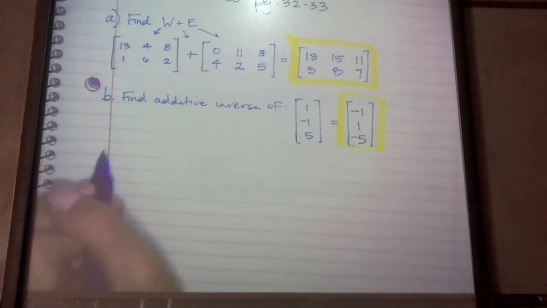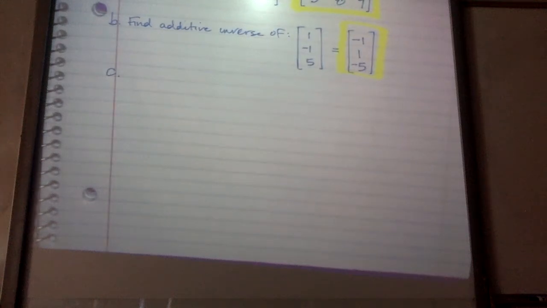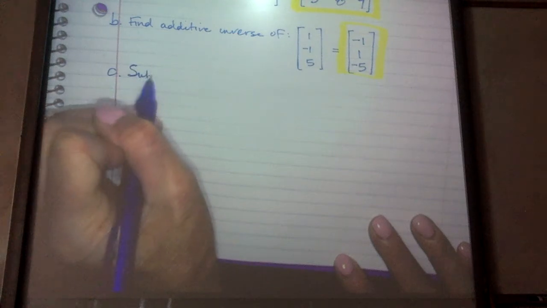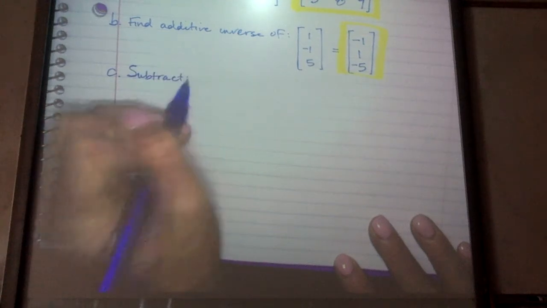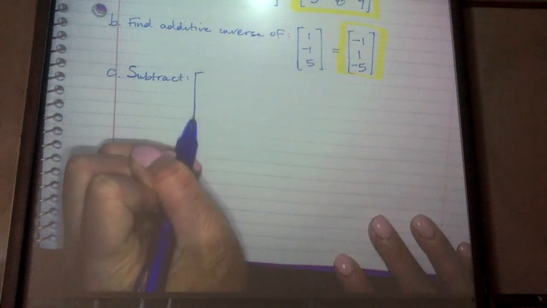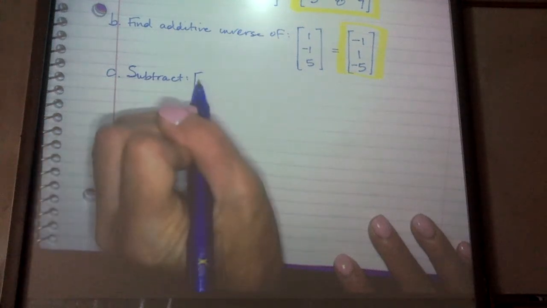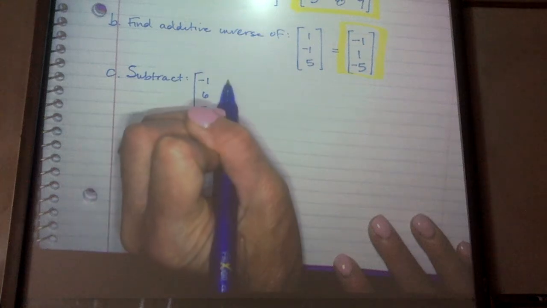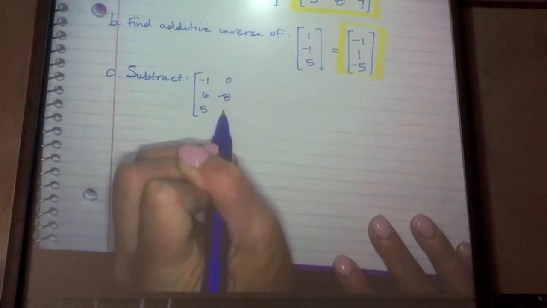So moving on to C. Part C asks us to subtract the following two matrices. The first matrix, they gave me negative 1, 6, and 5, and 0, negative 8, and 3.